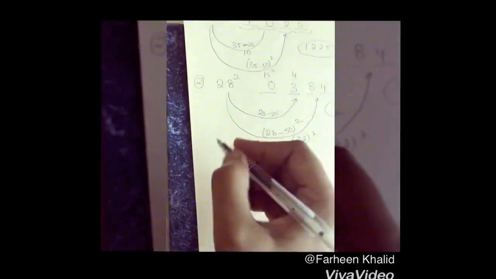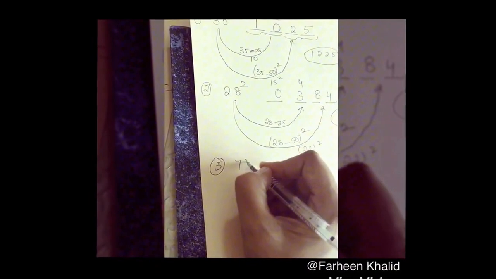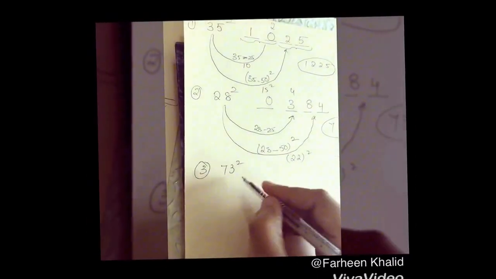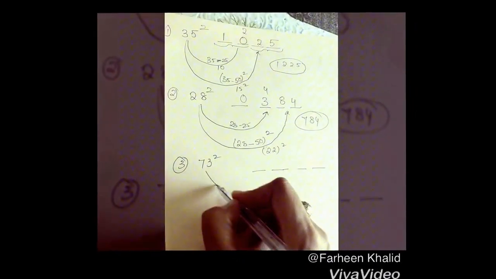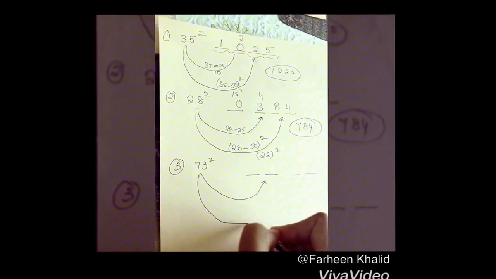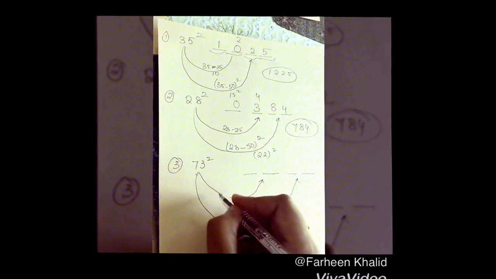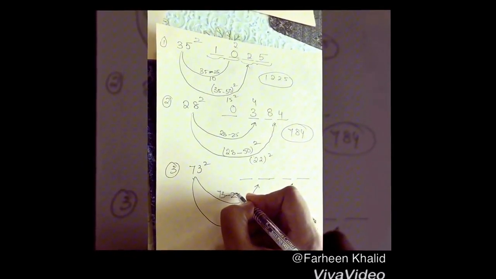All right, now our last example, let's take a little tougher one. Let's say it's 73 square. Okay, so again the 4 spaces, 1 2 3 4, and then you have the first part and the second part. All right, in the first part it is 73 minus 25.